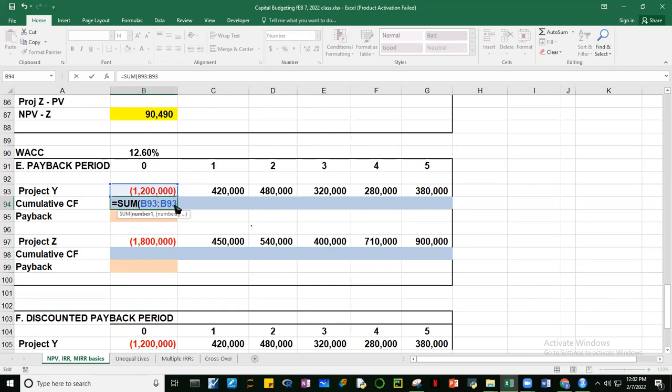I-fix natin yung unang number, so let me highlight this. And then mag-F4 ako. So ang i-fix ko dyan yung column B, kasi I'll be copying the formula along row 94. Hindi naman nagbabago si row 94, so no need to fix row 94.